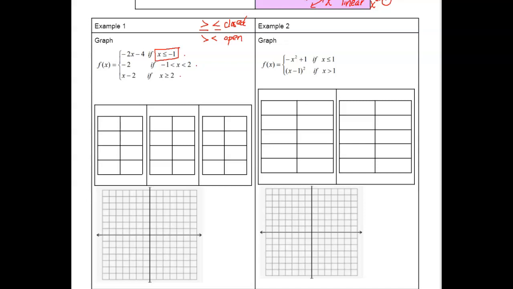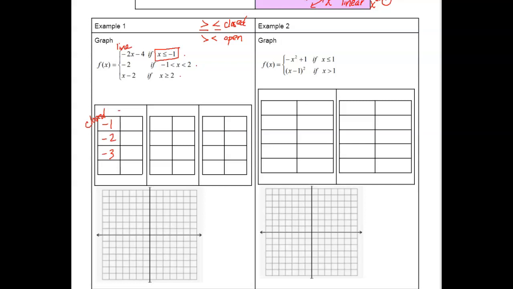So right here, I know I want to use -1 for x, and I'm going to make a note that that's going to be a closed circle. And then since I want all the x values that are less than -1, I'm going to pick -2 and -3. Since this is x to the first, we know that this shape is going to be a line. So I technically only need 2 points, but I'm just going to pick 3. To find the y value, we're going to substitute.